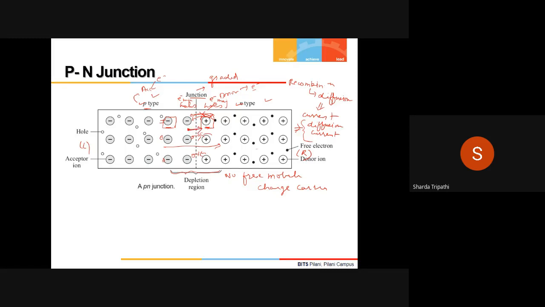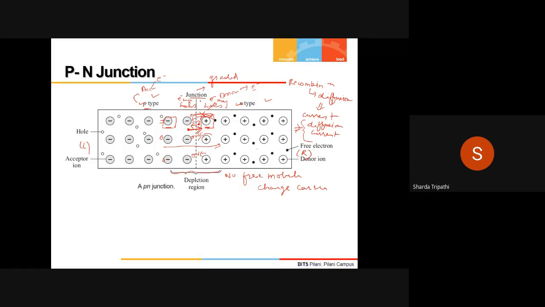That means holes are moving from left towards the right, and electrons are moving from right towards the left. The direction of flow of current, if we look from the holes' perspective, is towards the right. And from the perspective of electrons, because electrons are moving to the left, here also the current movement will be considered towards the right.